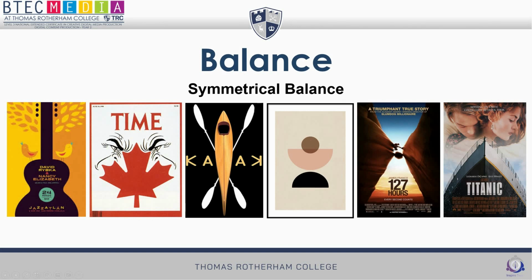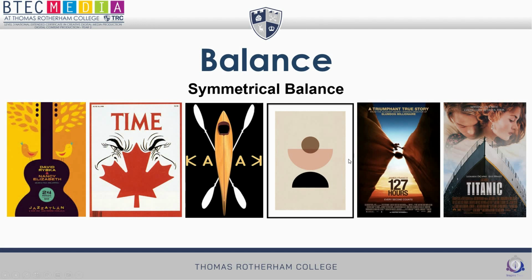Alright, the weighting of the objects is pretty much equal on the same side and they're almost identical to each other. So you can see all 6 of these designs here. Yes, they're not exactly identical, but they are more or less equally weighted on either side, with each side of the page looking almost identical to the other.